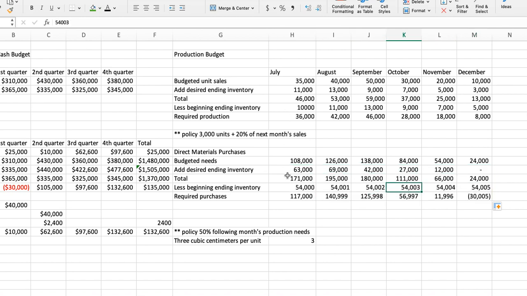So if I did this right, I'll be able to carry this forward. And you can see, oh, I didn't do this right. Beginning is last month's ending. I didn't set that up right. So let me fix that. There we go. And that should give you your required purchases for direct materials. So go back over that and make sure you understand what I did.